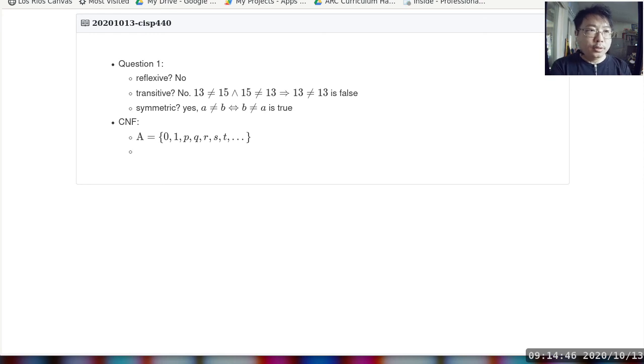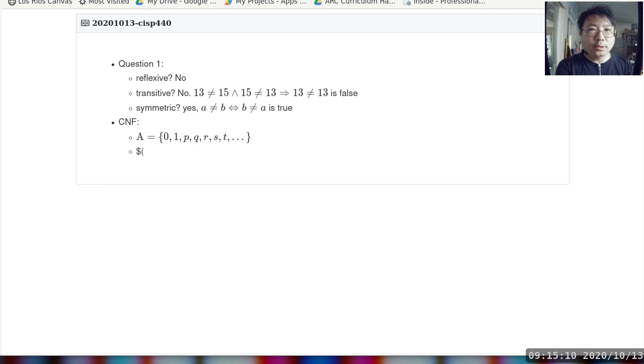We'll show a few examples. I'm also going to use a shorthand so I don't have to keep typing the conjunction symbol and the disjunction symbol. I'm going to borrow the notation of multiplication to mean conjunction, and the notation of addition to mean disjunction.